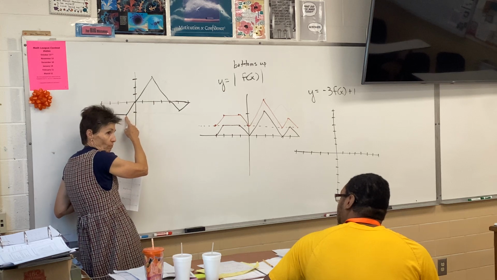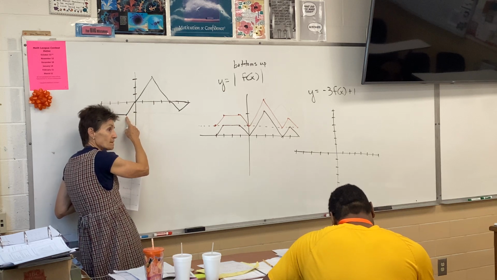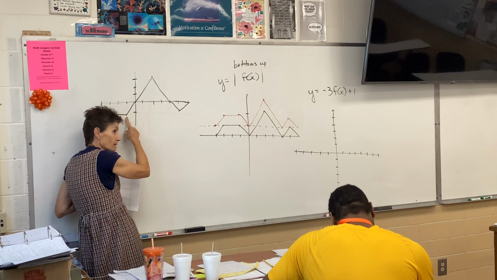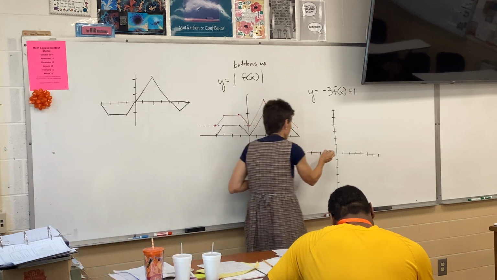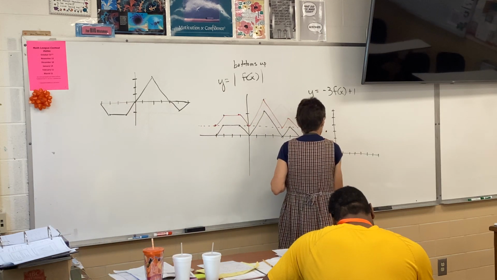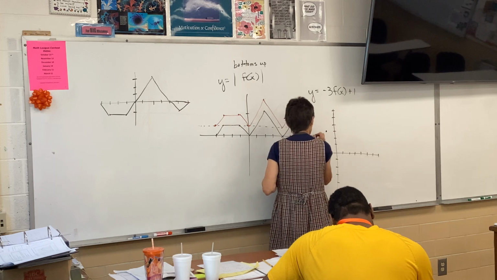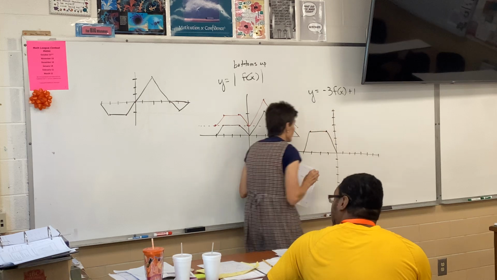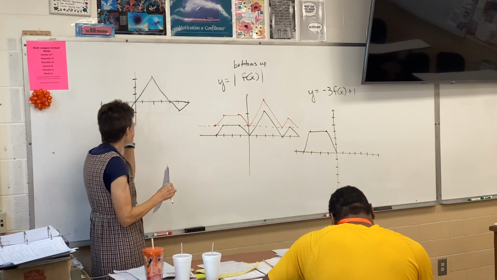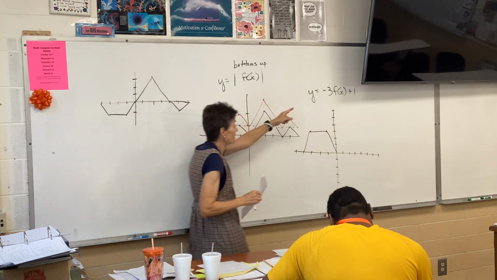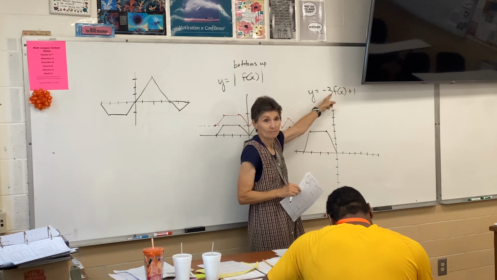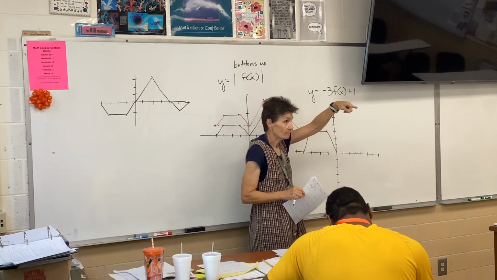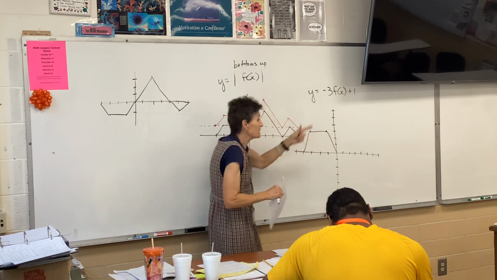What's this height? -1. What's -1 times -3? 3. So I'm gonna go left one and up 3. And the same thing for that point and that one. So now my trapezoid is pointed up because the negative makes it go upside down, right? And 3 times as tall.